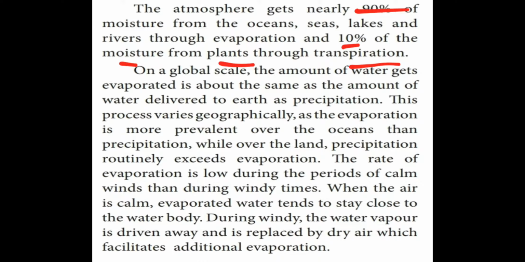Oceans, seas, lakes and river water evaporation. On a global scale, the amount of water evaporated is about the same as the amount of water delivered to earth as precipitation. This varies geographically, as evaporation is more prevalent over the seas and oceans than precipitation, while over the land precipitation routinely exceeds evaporation.